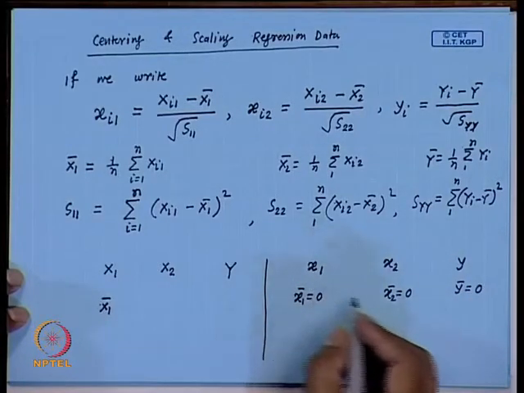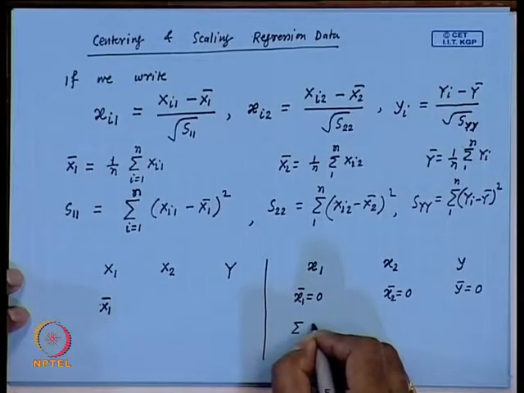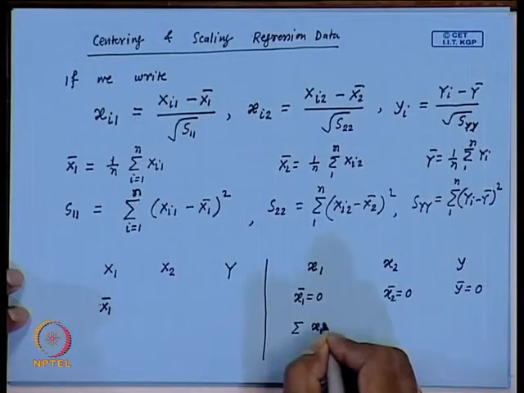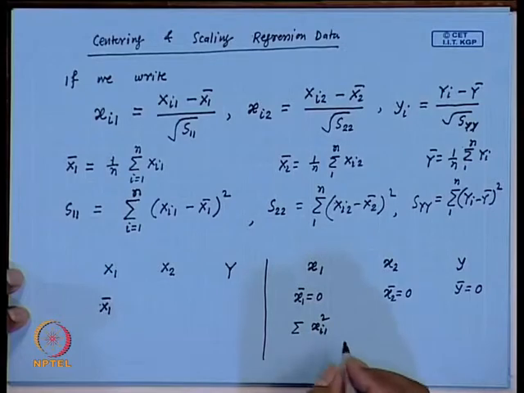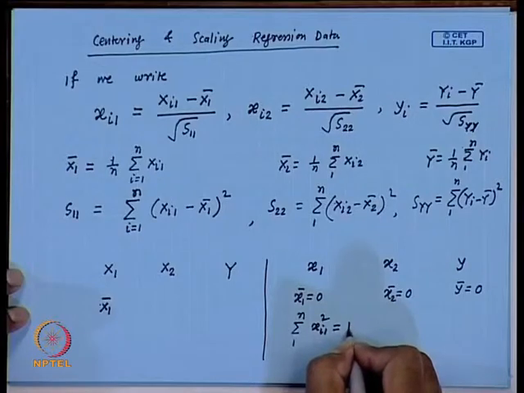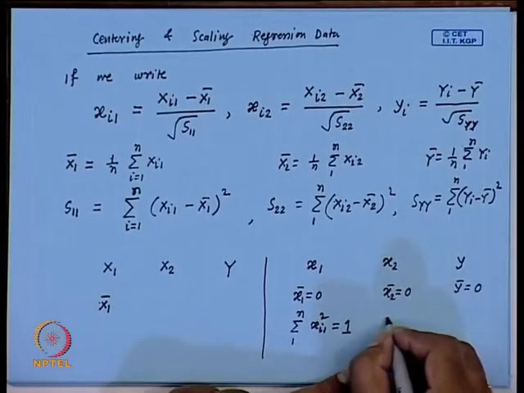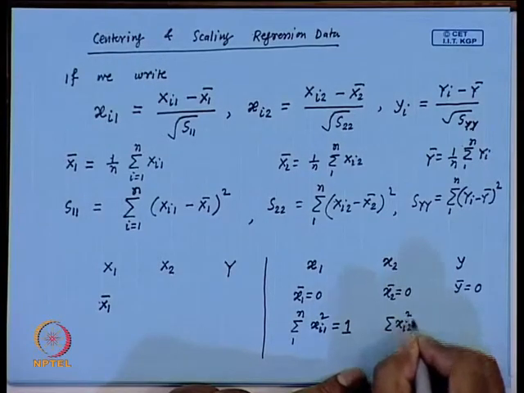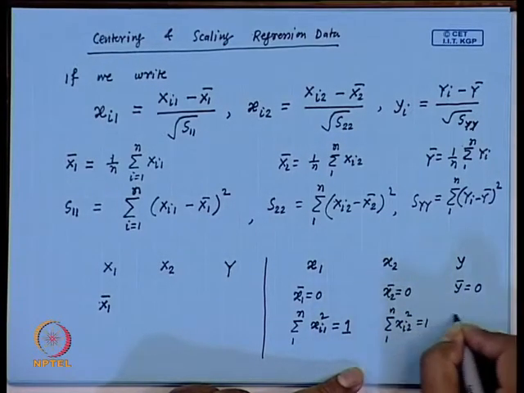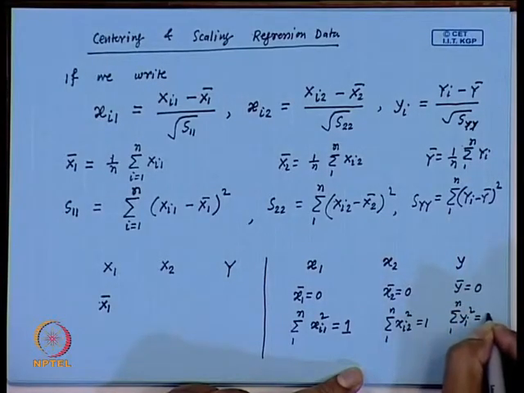And the other thing to observe here is that summation x_i1 square, 1 to n, is equal to 1. And this is also true for the second regressor, like summation x_i2 square, 1 to n, is equal to 1 and summation y_i square, 1 to n, is equal to 1. Okay.